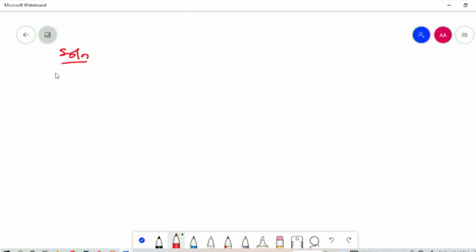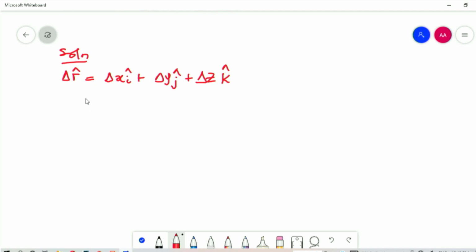We have delta r, which is equal to delta x i plus delta y j plus delta z k.